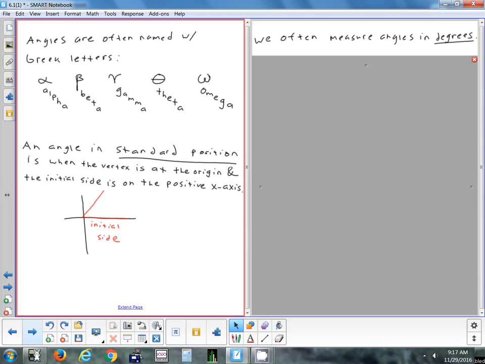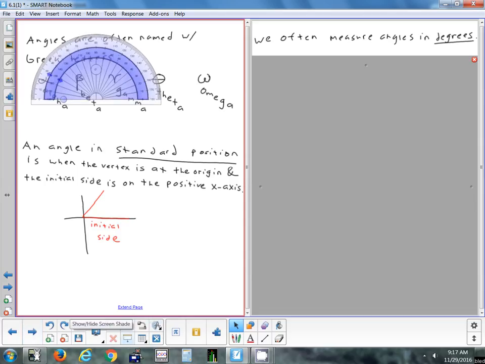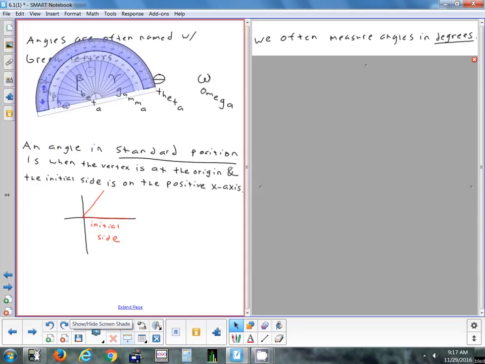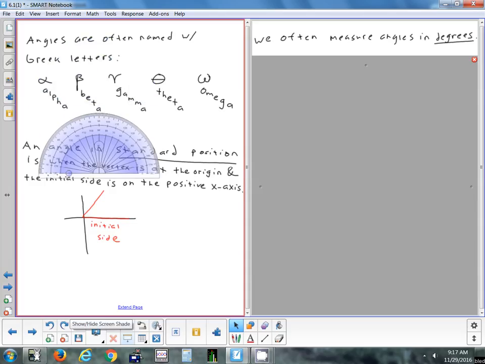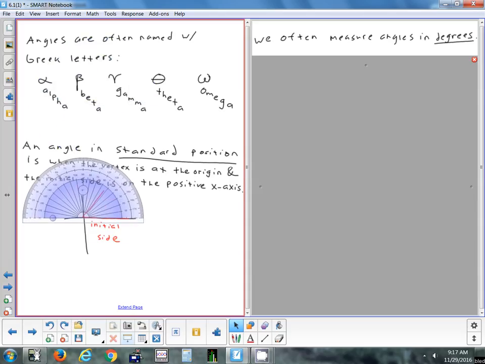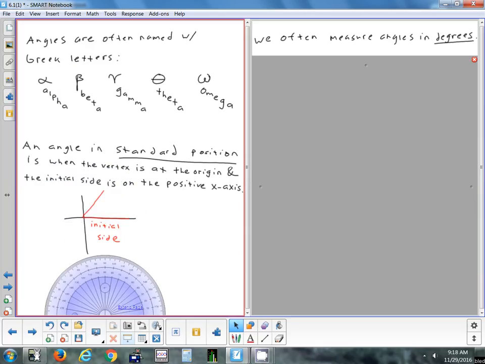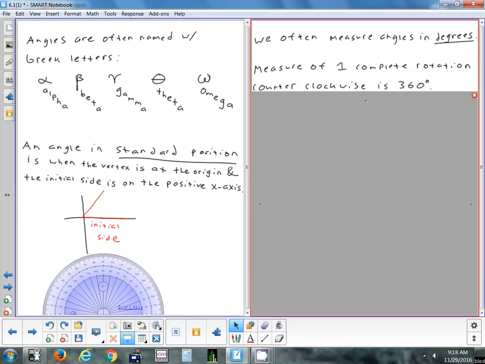So if you wanted to measure that angle in red, if you had a protractor, you just drag it down, line it up, and you can measure the angle. Again, it's not really something we do a lot of, but that's the device you can use.